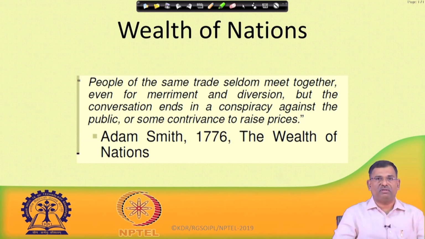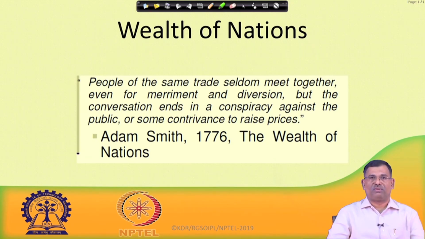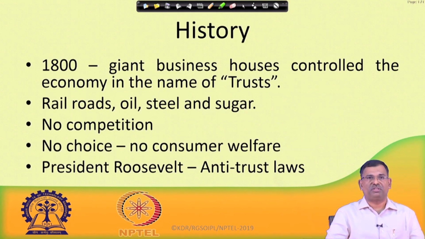So competition in the market is not prohibited. The competitors are not prohibited; the process of competition is promoted, not the competitors. Adam Smith very clearly says there must be competition in the market.